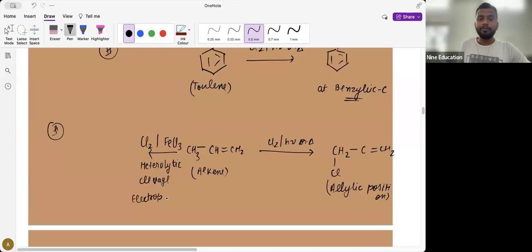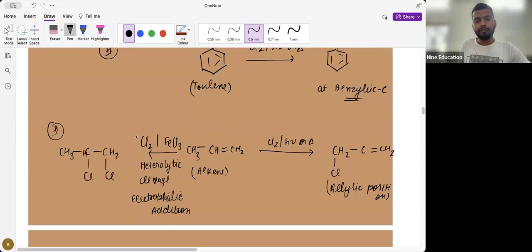Electrophilic addition means Cl will break and a positive chlorine will be formed, then Cl will come and attack, and this will give us chlorine added on both the carbons.